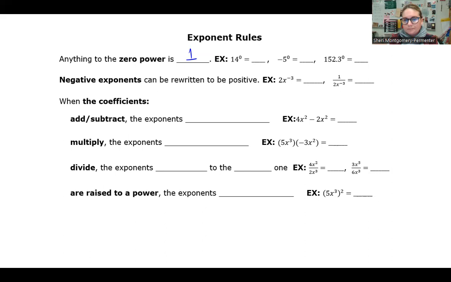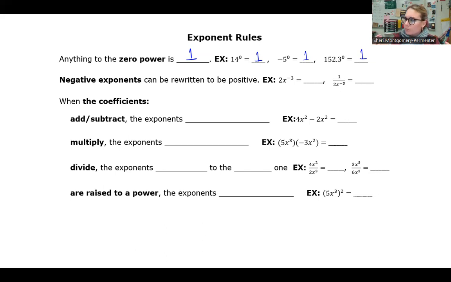And if y'all don't know, get a calculator. What is it? 1. What is -5 to the 0 power? 1. What is 152.3 raised to the 0 power? 1. Anything to the 0 power is 1.